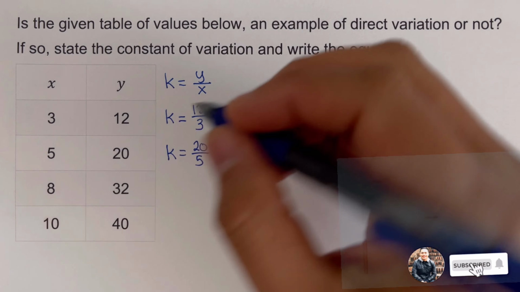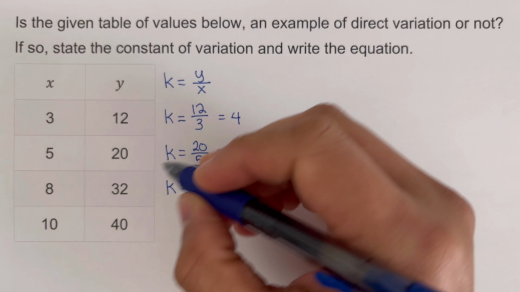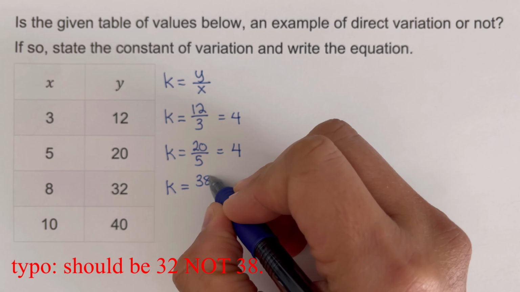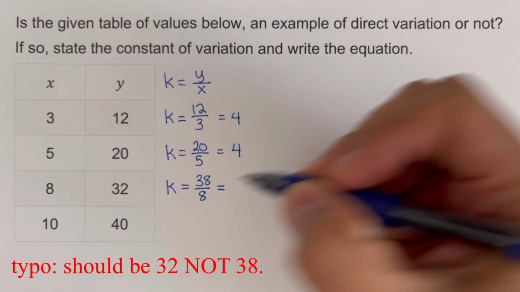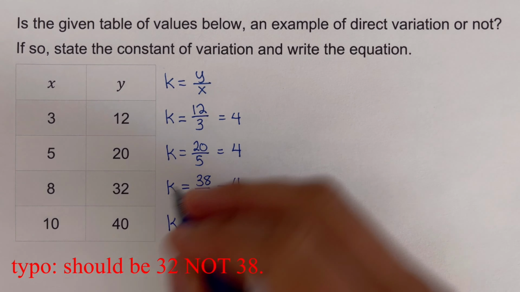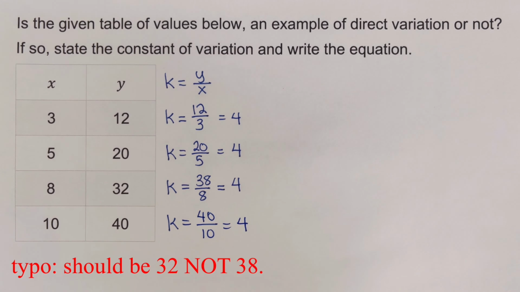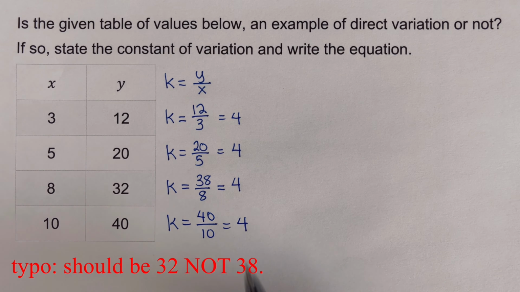So 20 divided by 5 is 4, and then k is equal to 32 divided by 8, which is 4, and then k is equal to 40 divided by 10, which is 4. So we can go ahead and say that our constant of variation or the proportionality constant is 4.